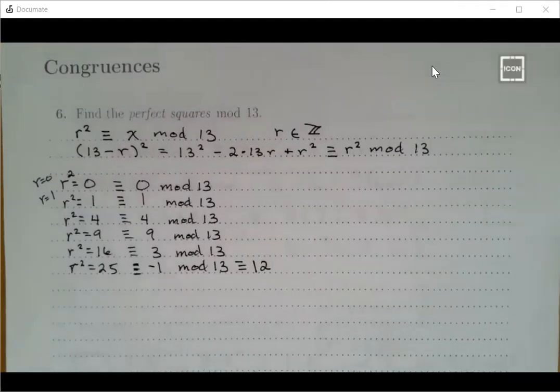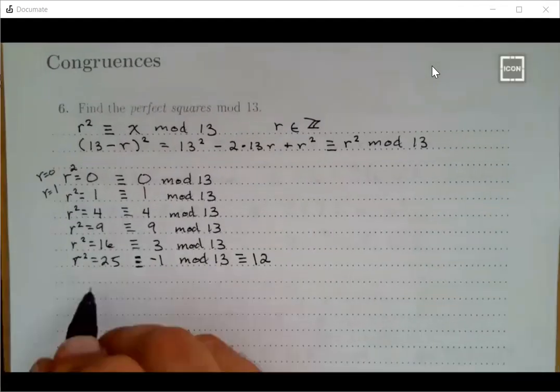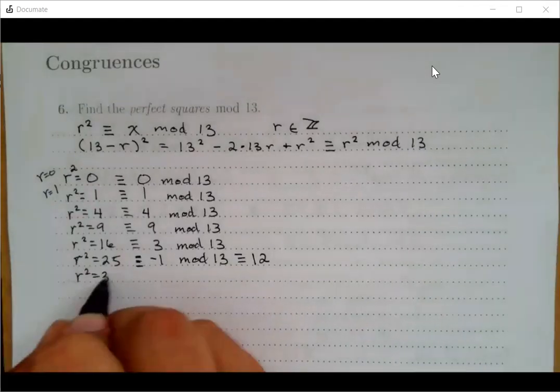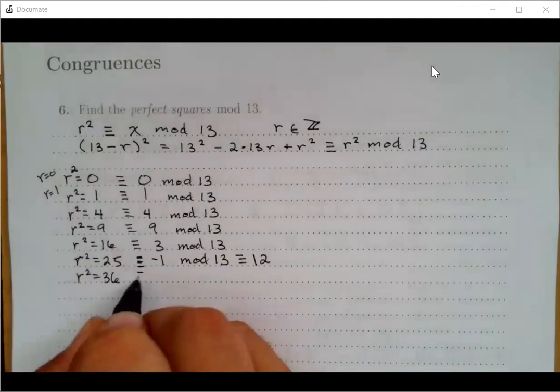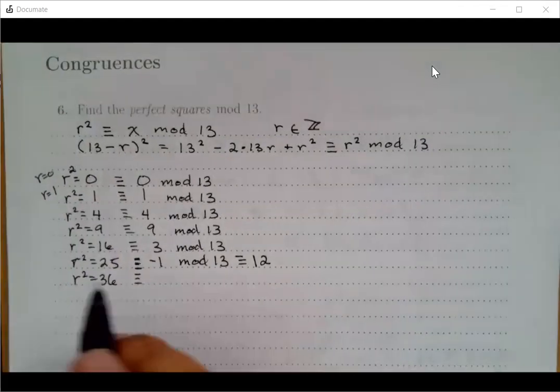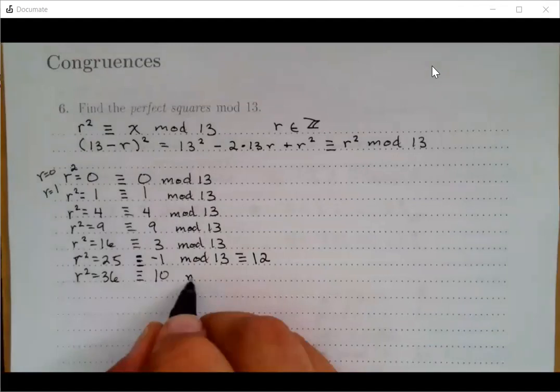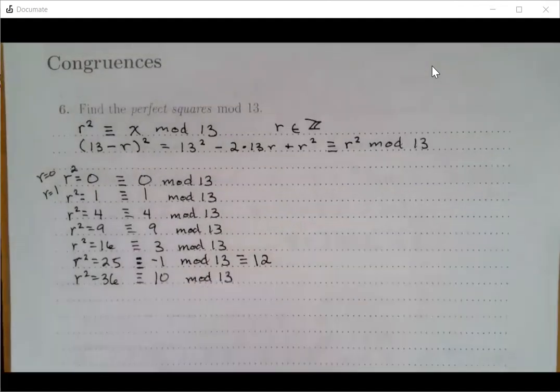Then, what if r squared was equal to 36? That's 10 more than 26, so that's going to be 10 mod 13.